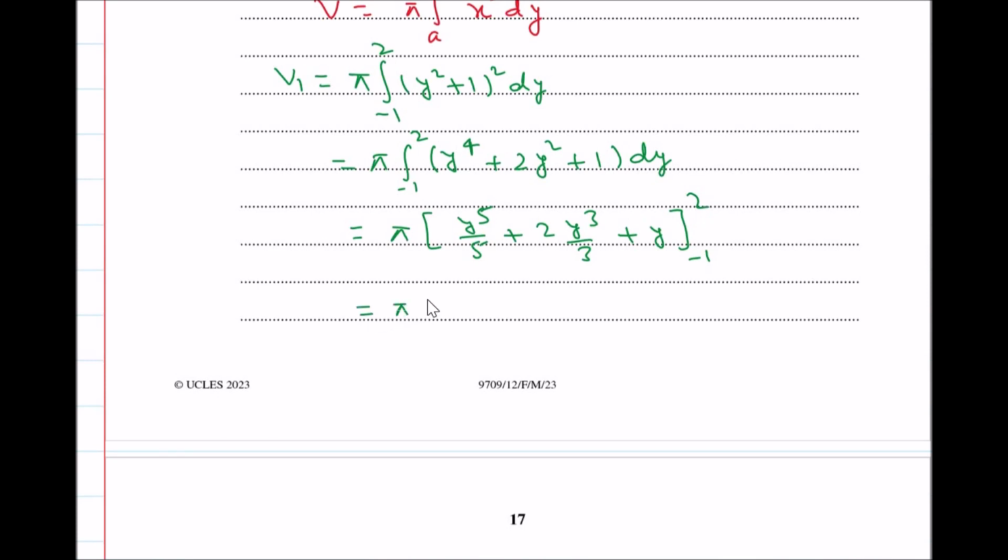Now pi as it is. Let us substitute the limit. So first one, if you are substituting 2, we get 32 by 5 plus 16 by 3 plus 2. And now minus, put the limit -1. So we get -1 by 5 minus 2 by 3 and -1.